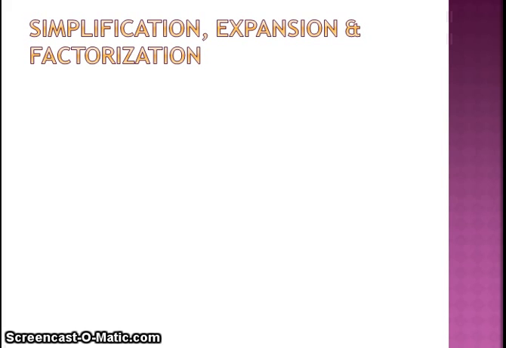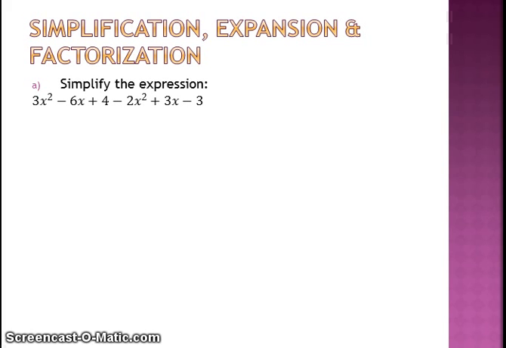Simplification, expansion, and factorization. You may be required to simplify an expression: 3x squared minus 6x plus 4 minus 2x squared plus 3x minus 3. You may collect the like terms by rearranging the form.